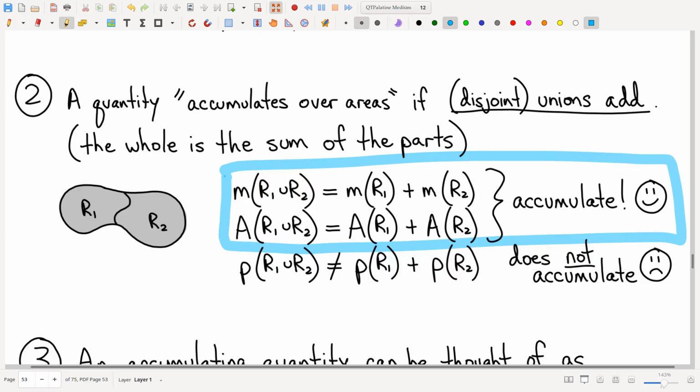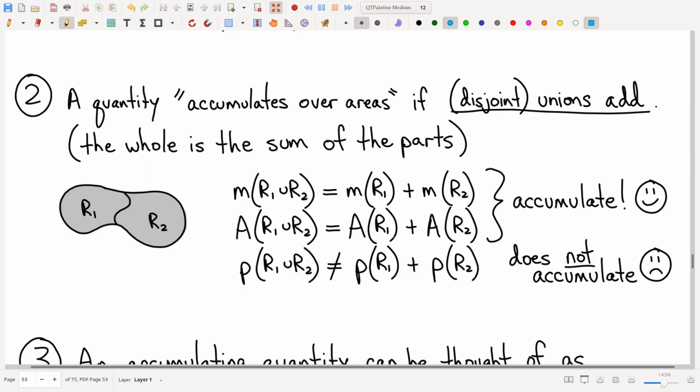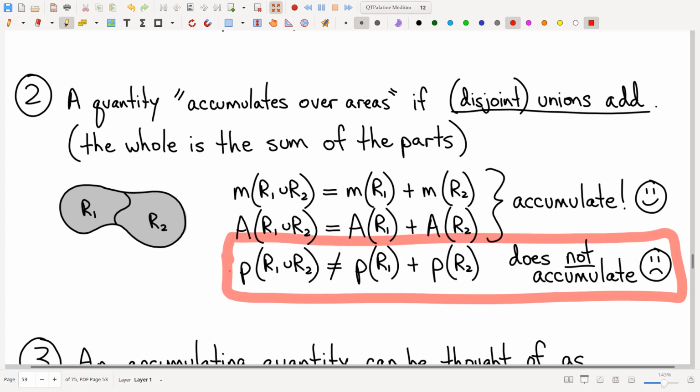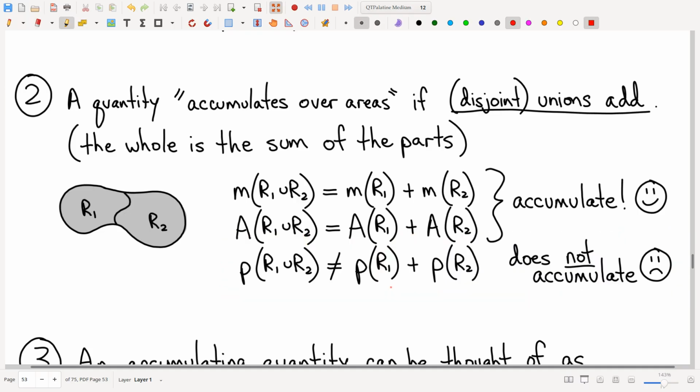And one thing you might notice, one thing we have never done and cannot do, I cannot use a double integral to compute a perimeter because perimeter is not an accumulating quantity. Perimeters just don't work that way. The perimeter of the whole just isn't the sum of the perimeters of the parts. An easy counterexample, let's look at the perimeter of this left side, the perimeter of R1 here.